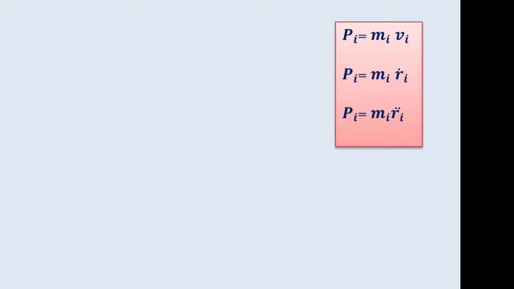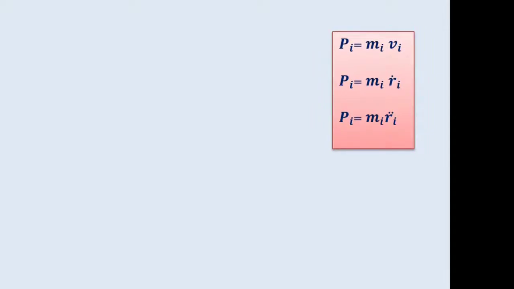So Pi dot will be equal to mi ri double dot. The first equation is Pi equal to mi vi, mass into velocity. The second equation, vi is written as ri dot. Then Pi dot is equal to mi, and we differentiate the momentum again, so that ri dot is differentiated again. So it is mi ri double dot.